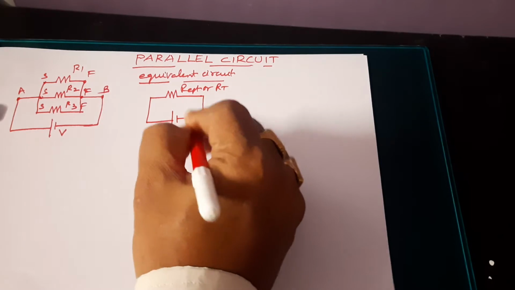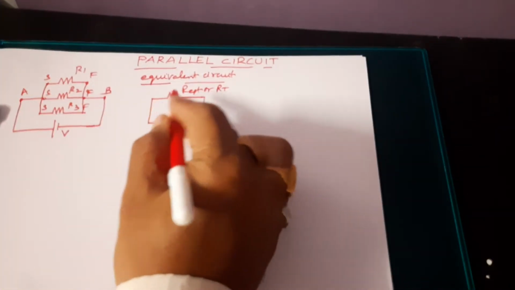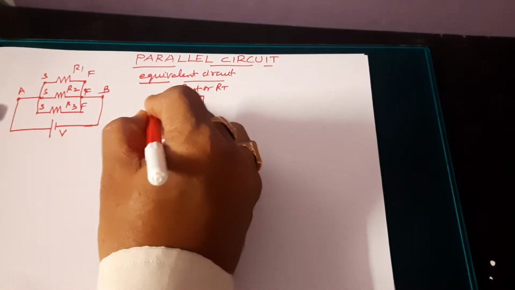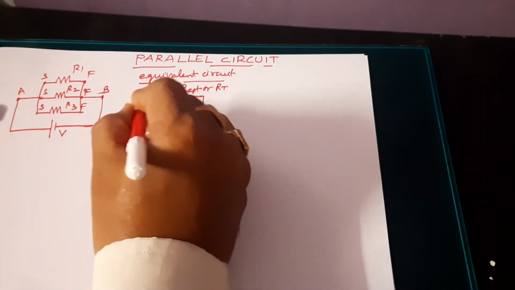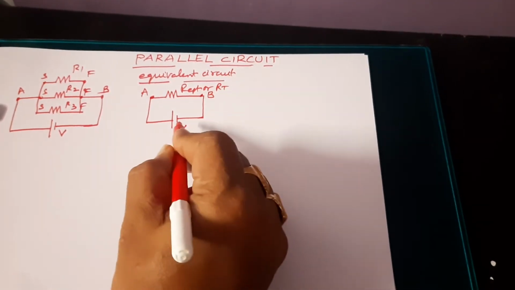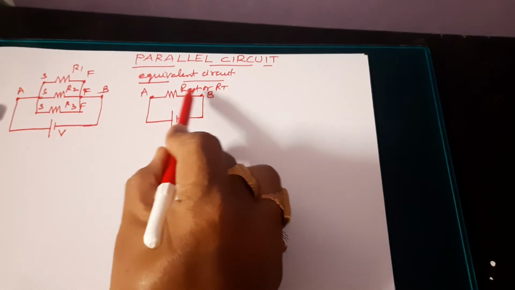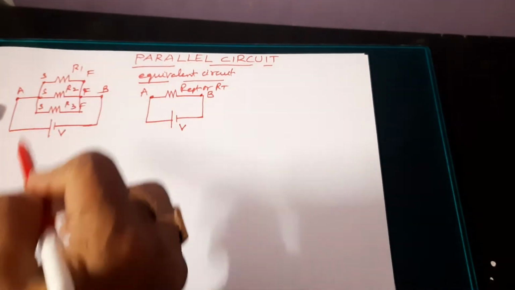Instead of representing the three resistances, it can be shown with a single resistance known as R equivalent or R total. Remaining are same as it is with this circuit. That is, across the AB, the total voltage is V. Now we are going to find out the value of R equivalent or R total from this derivation.